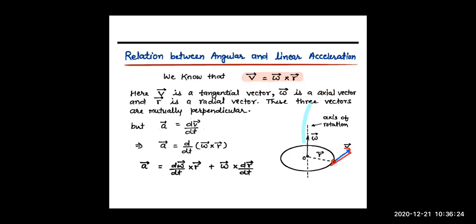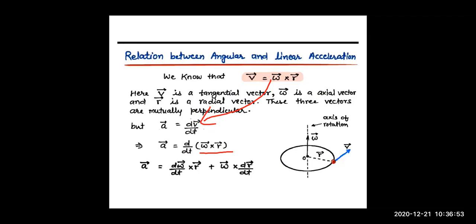Now what do you have to find over here? Acceleration. Now children, we know acceleration is the rate of change of linear velocity. So we can write a equals dv by dt. Now we can replace v: on substituting this value, instead of v we will get omega cross r.